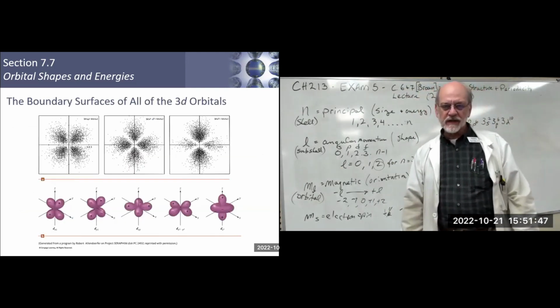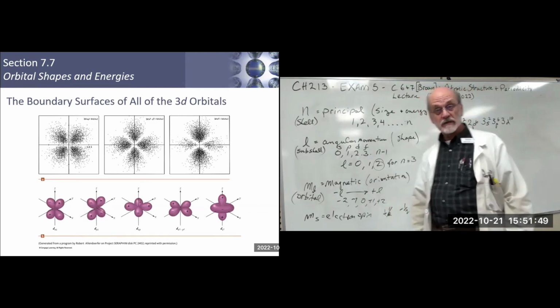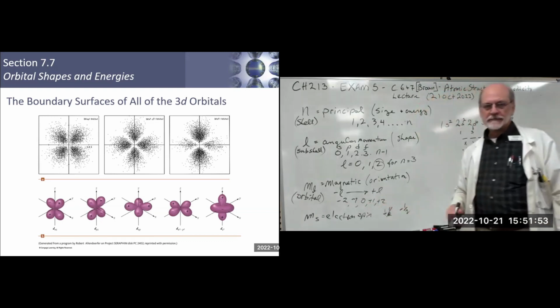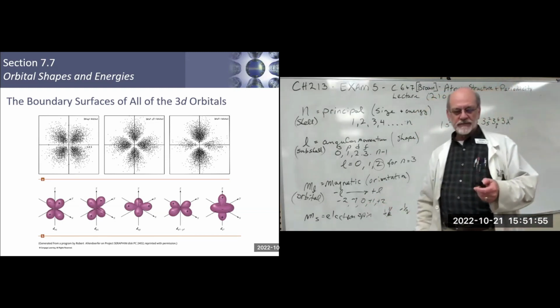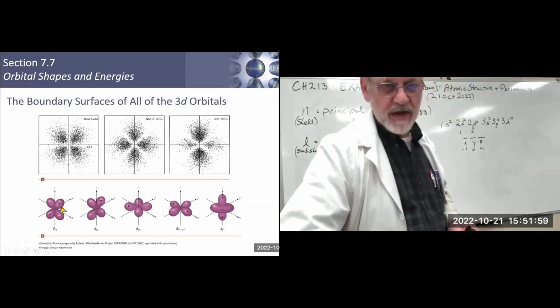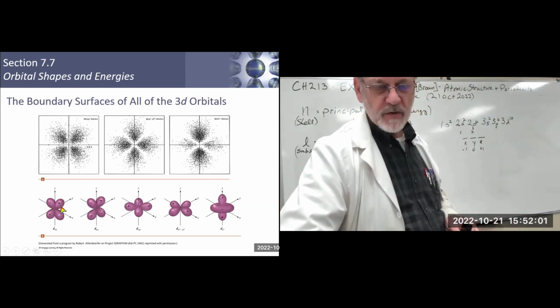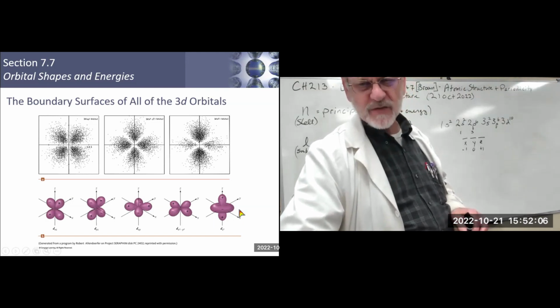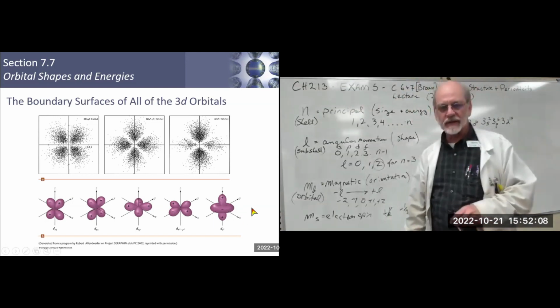The d orbitals get a little ridiculous. There are 5 of them, which is correct. 1, 2, 3, 4, 5. But they have different shapes. They're kind of more complicated dumbbells. Right? The first 4 are easy to understand. They're dumbbells and they're oriented differently from one another. This last one is kind of weird. It's got a donut in the middle.